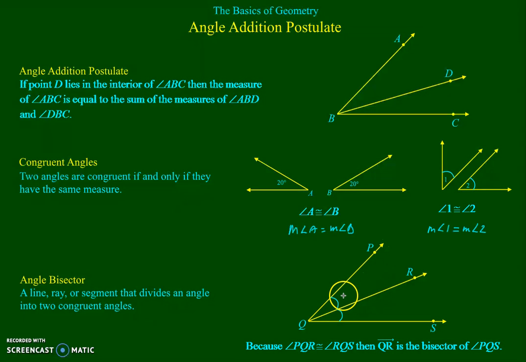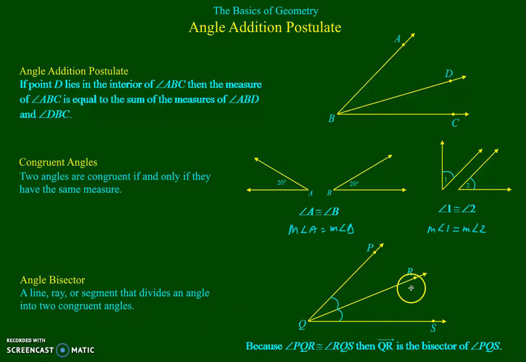Just as with segment bisectors, a line, ray, segment, or plane that divides a segment into two congruent segments, or one that passes through the midpoint, is a segment bisector. Here, a line, ray, or segment that divides an angle into two congruent angles is an angle bisector.